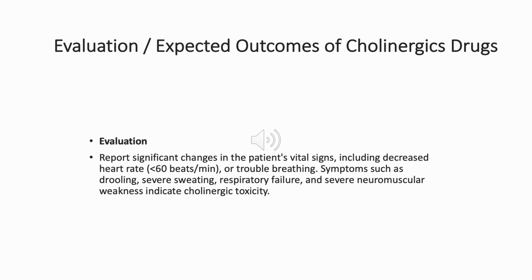The evaluation and expected outcomes of cholinergic drugs are to report significant changes in the patient's vital signs, including decreased heart rate, less than 60 beats per minute, or trouble breathing. Symptoms such as drooling, severe sweating, respiratory failure, and severe neuromuscular weakness indicate cholinergic toxicity.